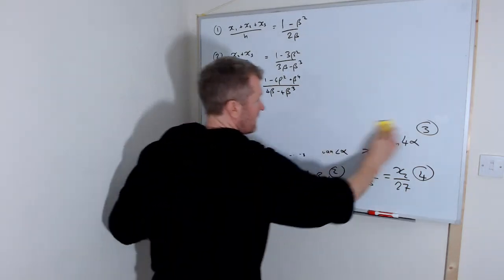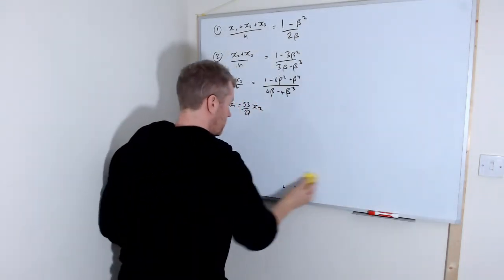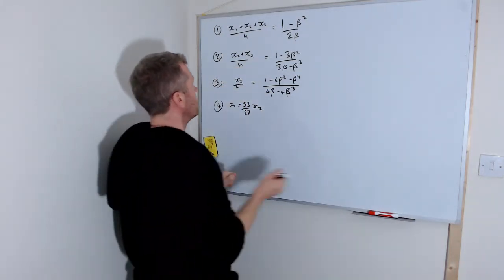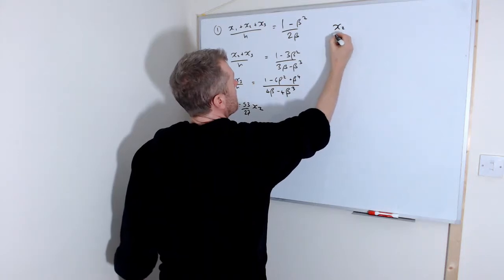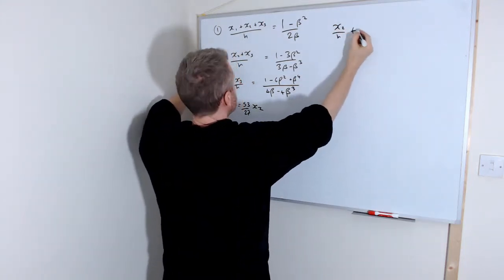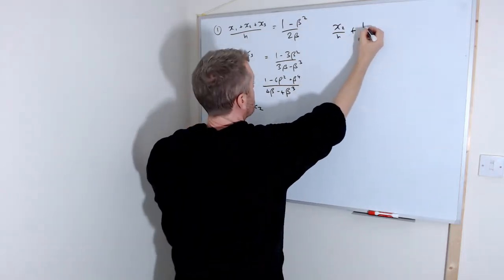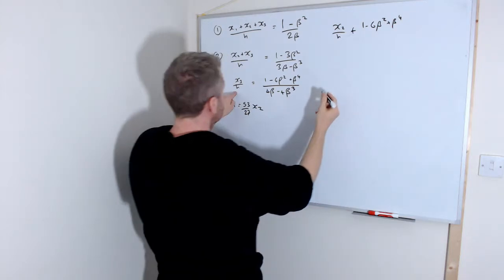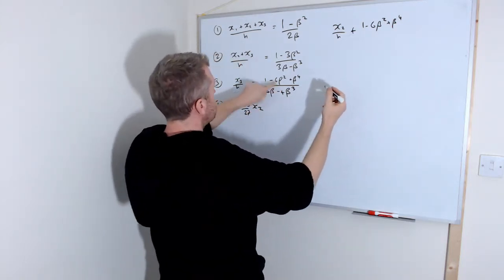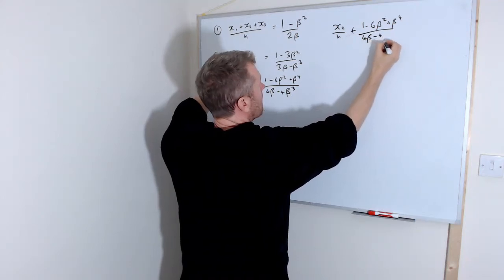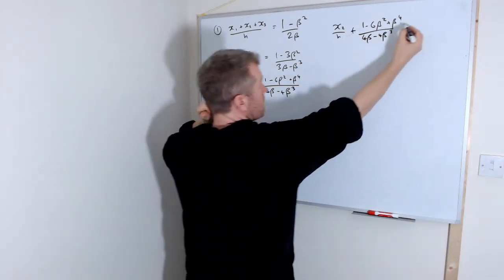So what I'm going to do is I'm going to put this into here. This will give us x2 over h plus this, because this is x3 over h, so I'm putting this expression in here, equals this.